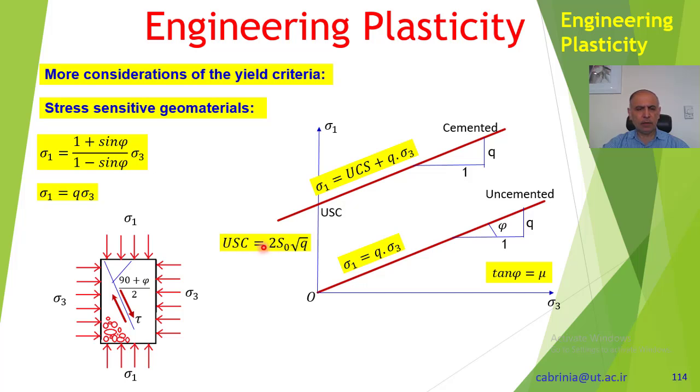I think this is all I would like to talk about these Coulomb-Mohr and stress-sensitive geomaterials. Obviously, we can talk a lot about this, but it is out of the scope of engineering plasticity. Civil engineers will study more in other subjects in their course. Right. Now we are going to discuss the anisotropic yield criteria in the next section.